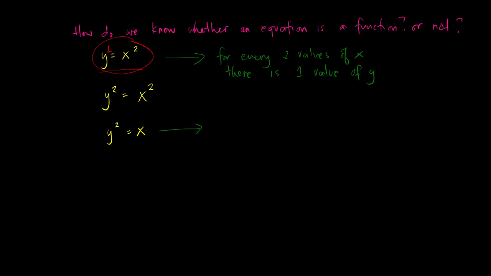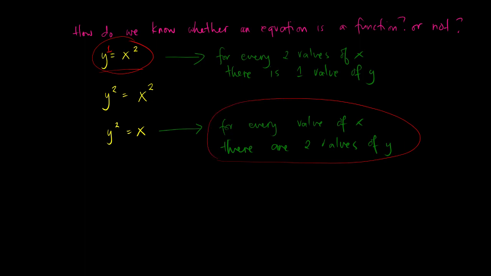Now, on the other hand, this equation means for every value of x, there are two values of y. Now, this violates the definition of a function.